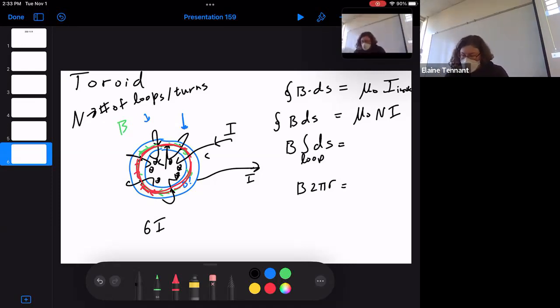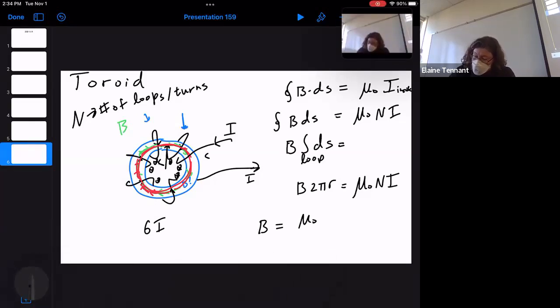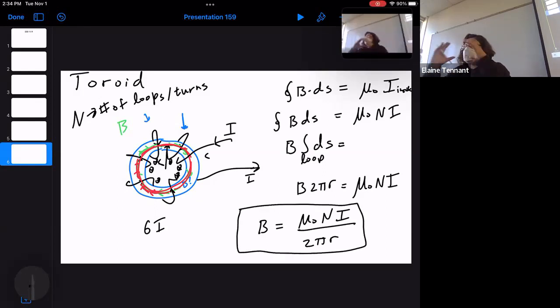So on the other side of this, B times 2 pi r equals mu naught N I, or my magnetic field equals the permeability of free space, the number of loops on my toroid, the current in my wire, divided by 2 pi r, which is the circumference of my circle. Everyone kind of okay with that? Awesome.